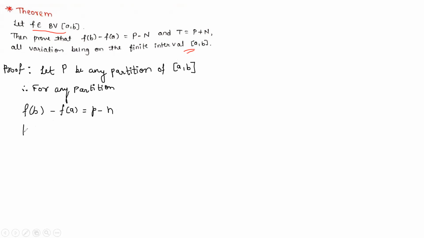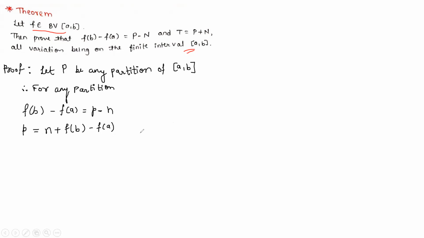Now this can be written as p equal to n plus f(b) minus f(a). We have just shifted this minus n to the right hand side. So we get p is equal to n plus f(b) minus f(a).